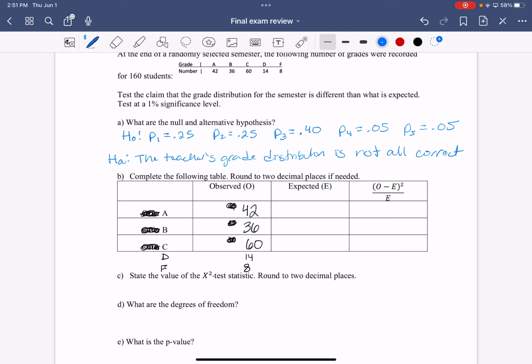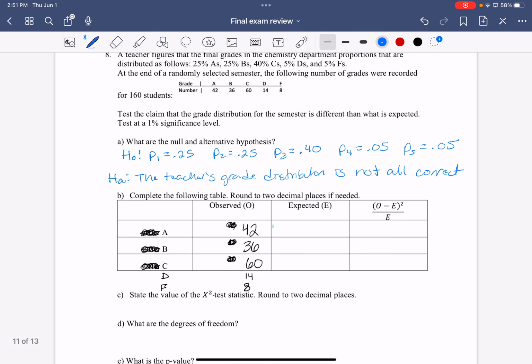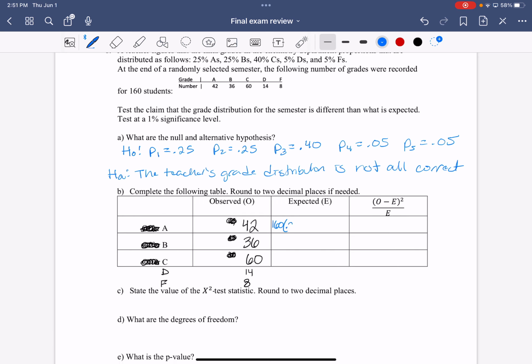So remember, to calculate the expected, you do n times p, the sample size times the proportion for that category. What was the sample size? 160. So we're going to do 160 times, for A, from the null hypothesis, A was supposed to be 25% or 0.25. So 160 times 0.25 is 40. For B's, it was 160 times 0.25 again, so again, 40.